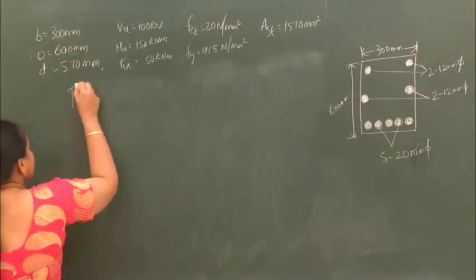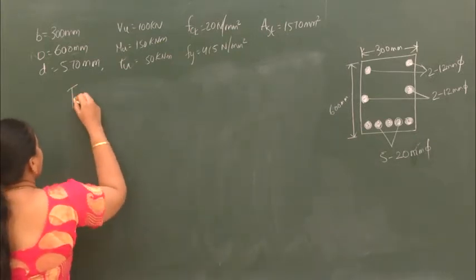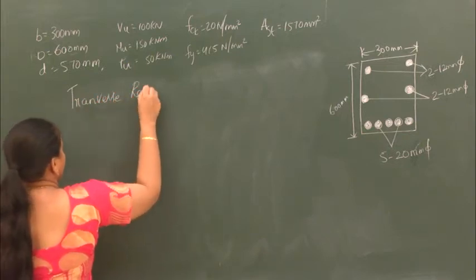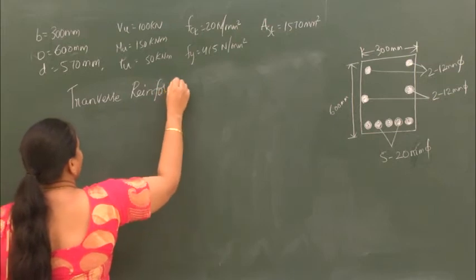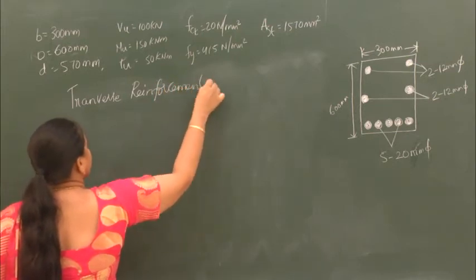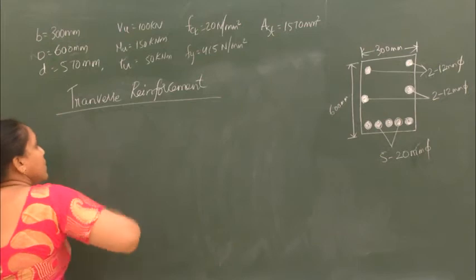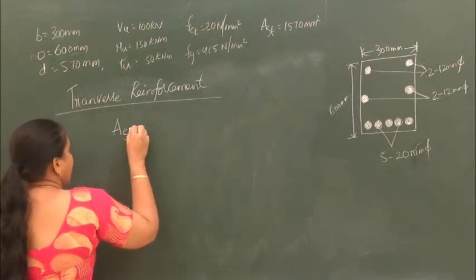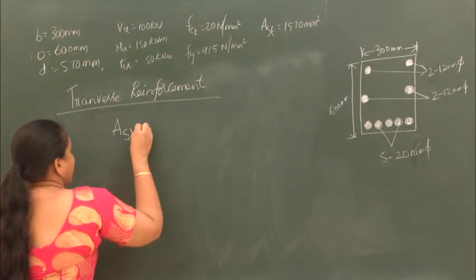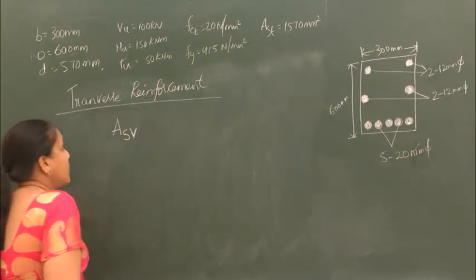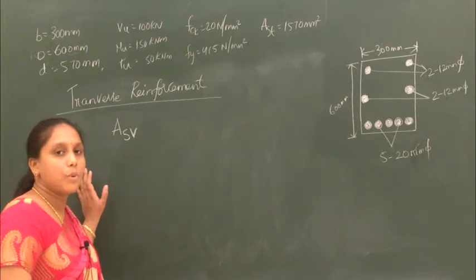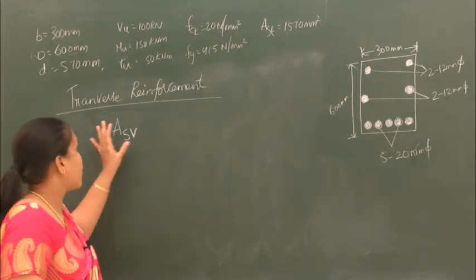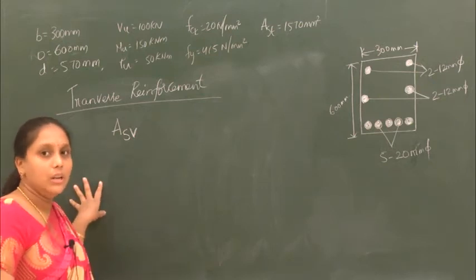So let us find out the transverse reinforcement, ASV. The transverse reinforcement is provided in the form of vertical stirrups. So here I am going to find out the area of the vertical stirrups.